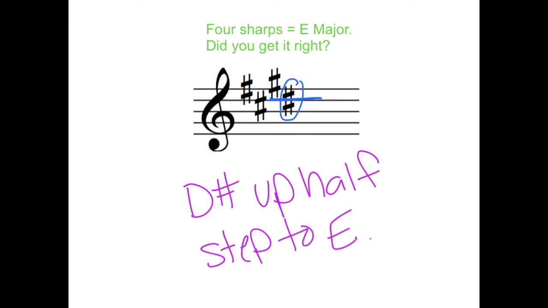The sharps will always be on the line or space of the note they are an accidental of. So since this was the last sharp, it fell on the D line. So D sharp, up a half step to E. E major is the key with 4 sharps.